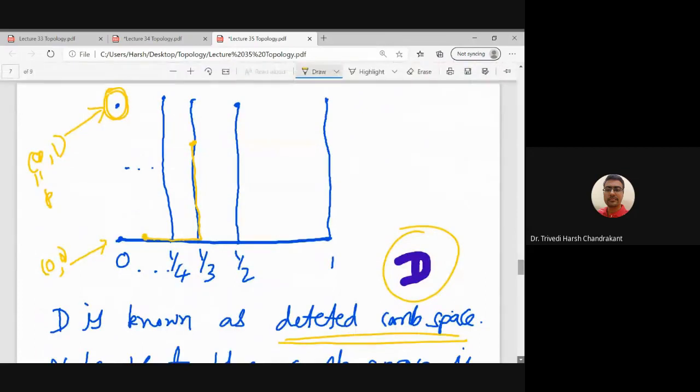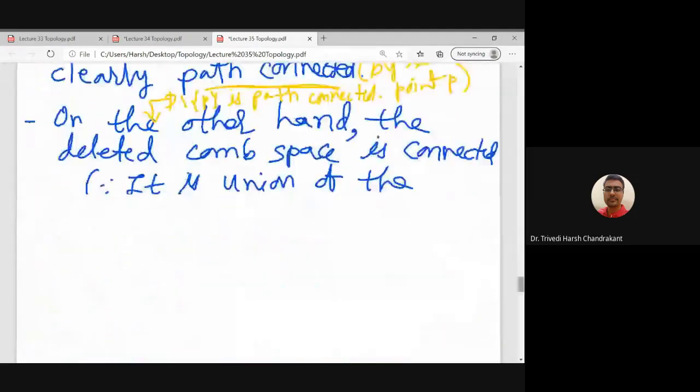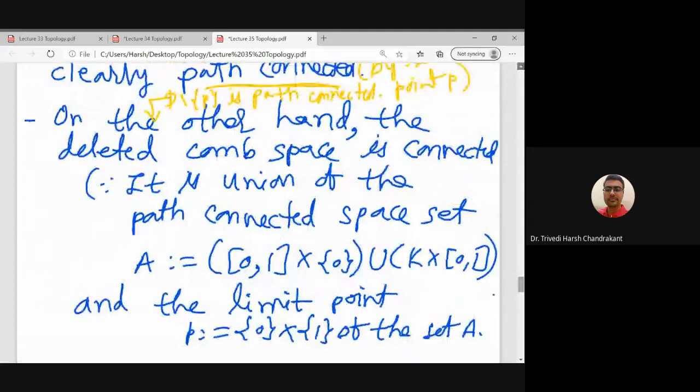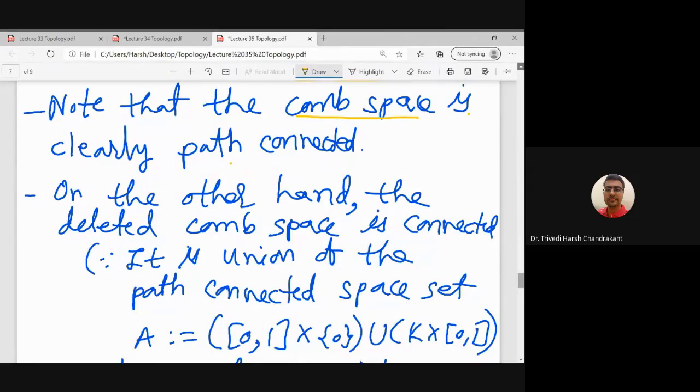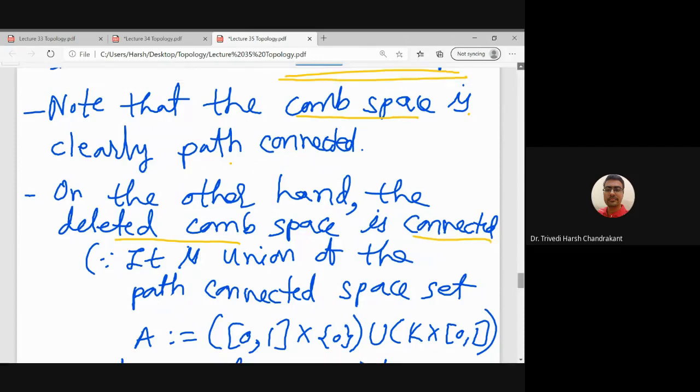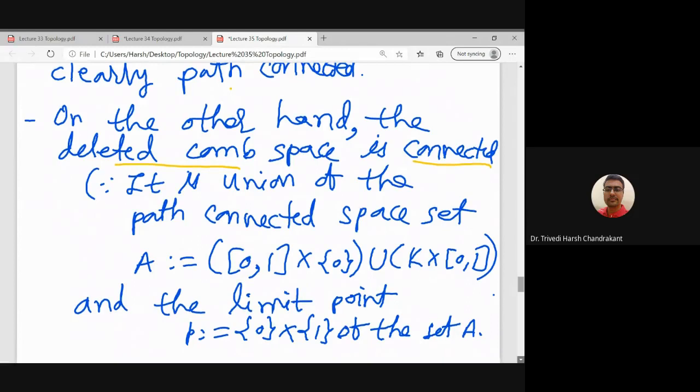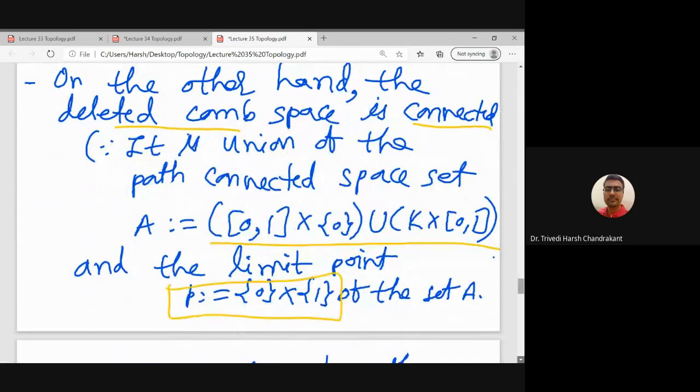Now we want to check the deleted COMB space. So in deleted COMB space, if I delete one more point which is P, then it is connected. Why is it connected? Because deleted COMB space is the union of A with this limit point P. What is limit point P?